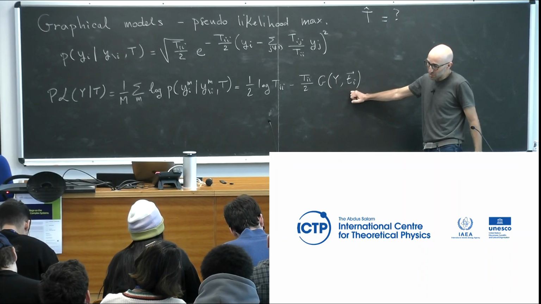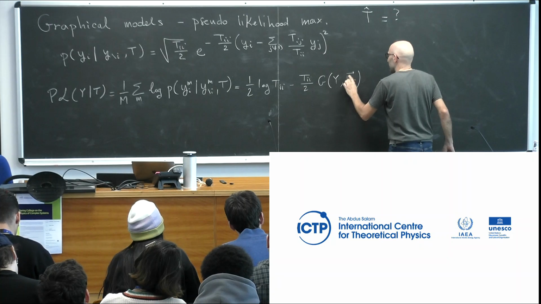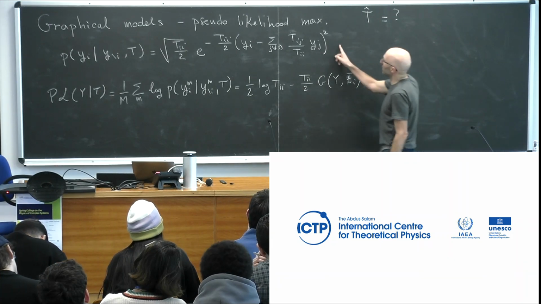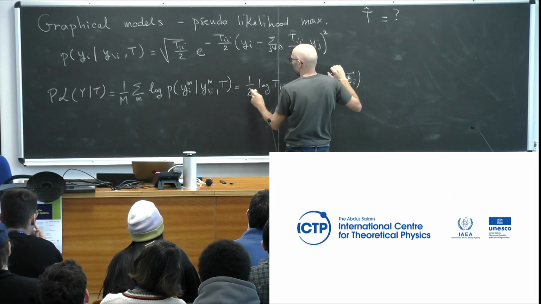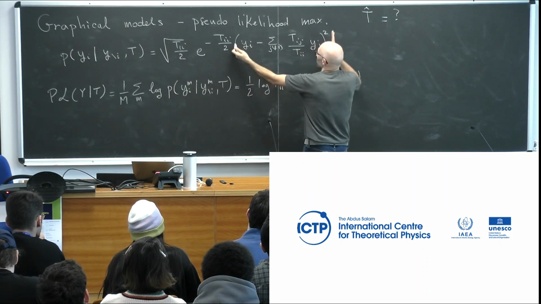What is this function g? It is the average of this square, right? When I take the log, I get minus Tii over 2 times the average over the data of this.